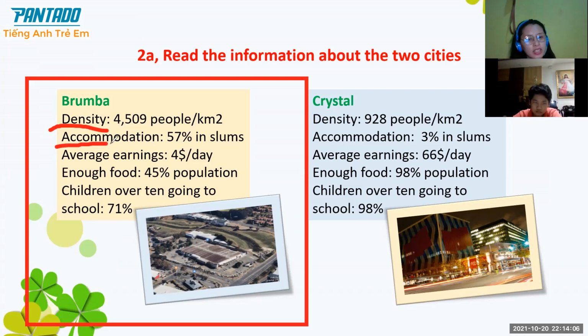And the accommodation, what percentage is the accommodation in Bromba? That is 57% in slums.